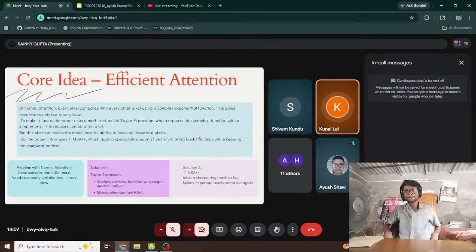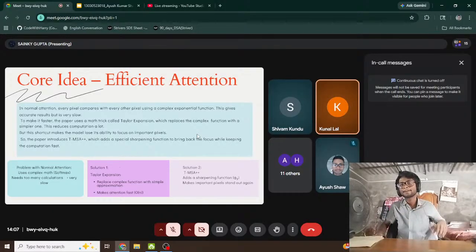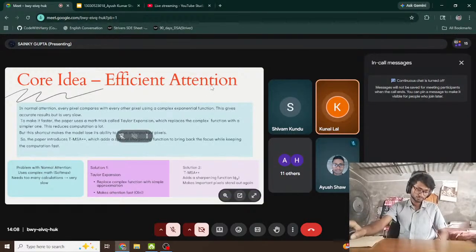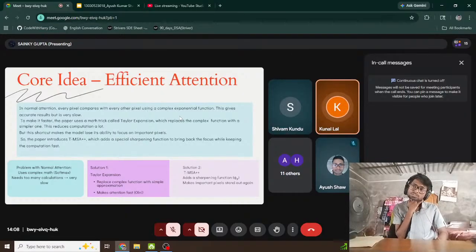This reduces complexity a lot, but the shortcut makes the model lose its ability to focus on important pixels. So the paper introduced TMSA, that is token-based multi-head self-attention, which added a special sharpening function to bring back its focus while keeping the computation fast.